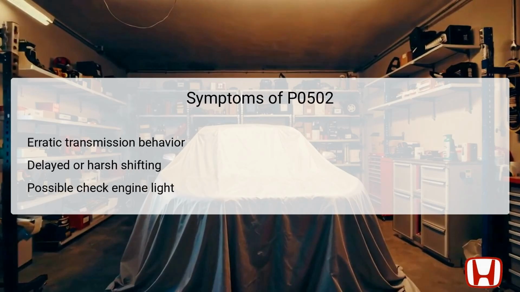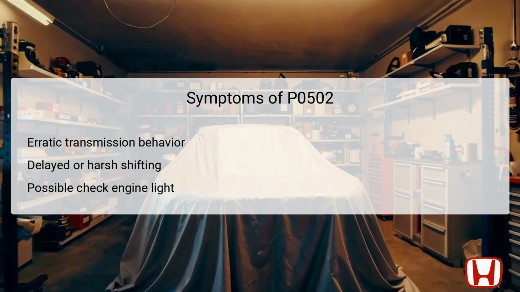When DTC P0502 is triggered, drivers may experience several noticeable symptoms. The most common is erratic or unusual behavior from the transmission, such as harsh or delayed shifting during acceleration. This can create a less than optimal driving experience.